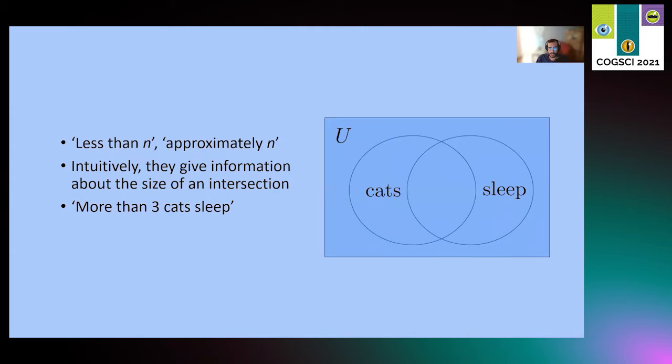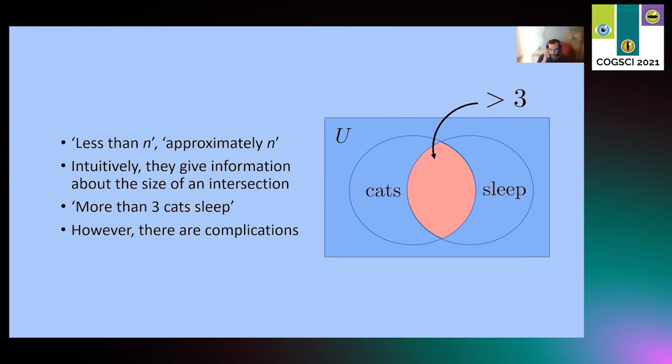We have the set of cats and the set of sleeping things, and more than 3 cats sleep gives information about the size of the intersection between them. Namely, it says that there are more than 3 things in that intersection. In the following, I'm just going to be focusing on more than n type of modified numerals.